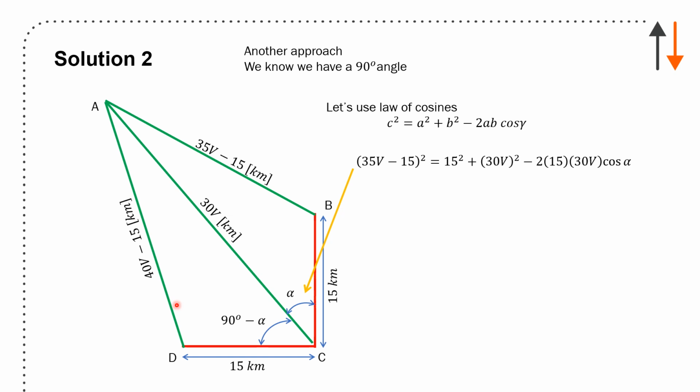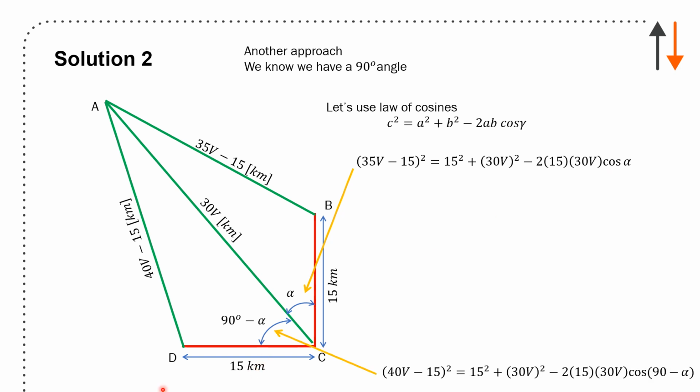and so you could say that, by this relationship, if you put the c squared, which is really what I should do, (35v minus 15) squared equals 15 squared plus (30v) squared minus 2 times 15 times 30v cos alpha.